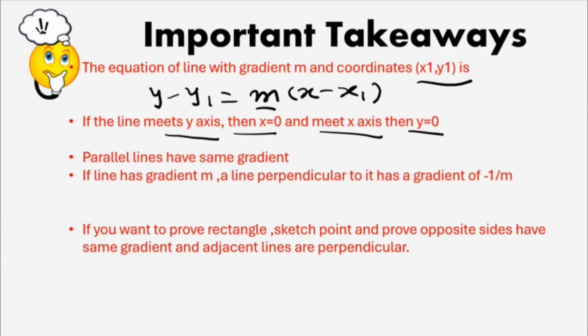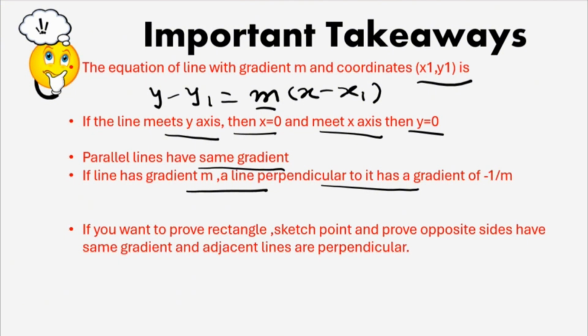Very important thing, parallel lines have the same gradient. If the line has the gradient m, and if you want to find the perpendicular gradient or the normal gradient, then you have to do minus 1 over m. It means you have to do the reciprocal and inverse.